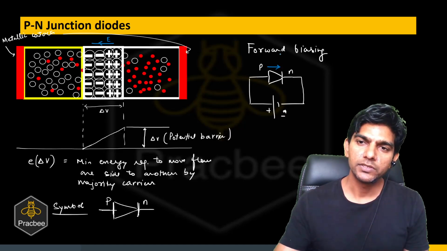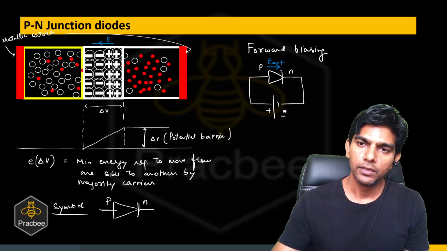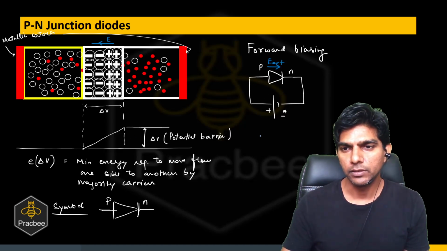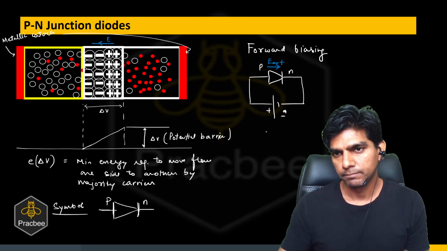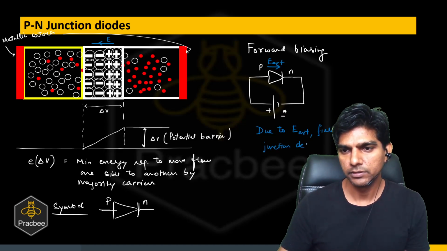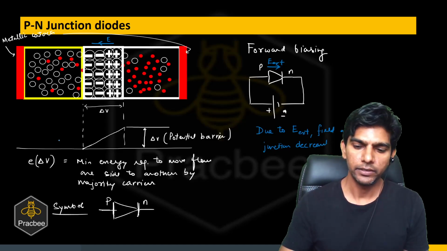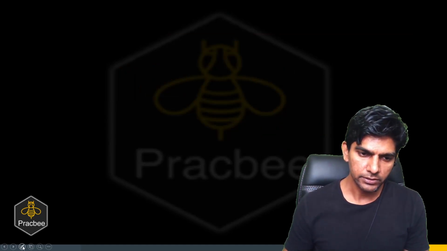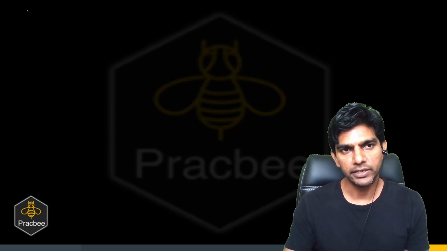Now, what happens due to this field? So, this external field will reduce barrier potential. So, we can say due to E external, field at junction decreases, right? So, if that decreases, so let me redraw the diagram.